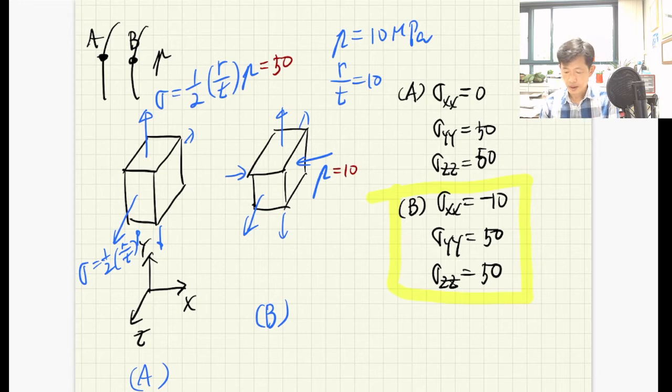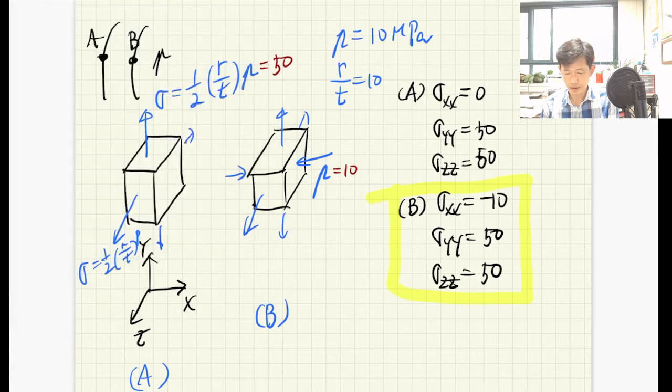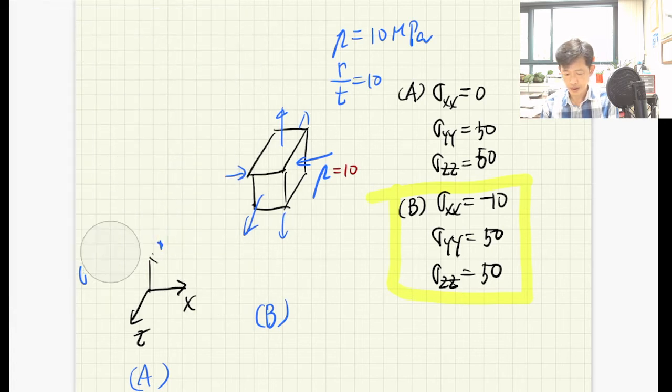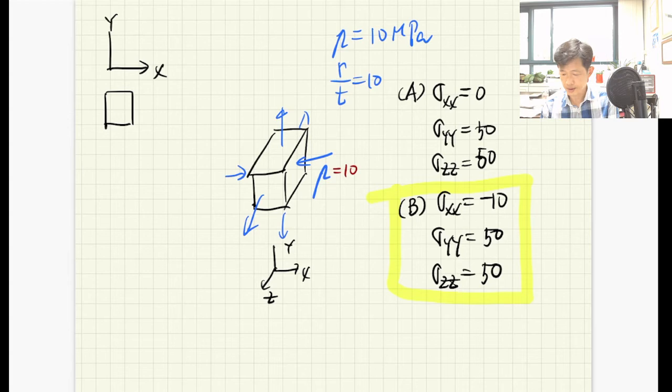To construct a Mohr circle, because the Mohr circle is a two-dimensional problem, and this is a three-dimensional stress condition, that's why we need to go one by one: X and Y and Z. So first, let's talk about the stress condition for X and Y. In the X and Y plane, we need to consider sigma X and sigma Y. Sigma X is minus 10, and then sigma Y, we have 50.